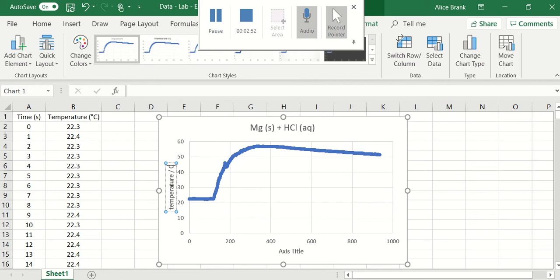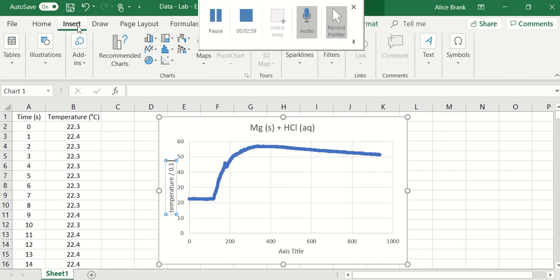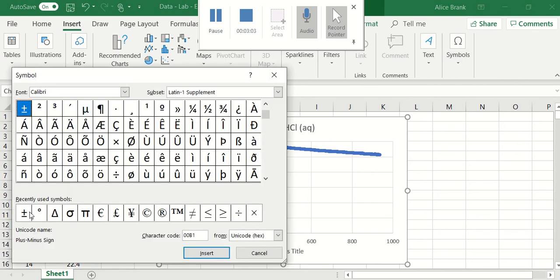Plus or minus 0.1. Now, the degree symbol, you'll go to Insert, Symbol, and we're going to come back to this because we'll need the plus or minus. I'm actually just going to do both now. Click Insert, select plus or minus, click Insert, click Close.